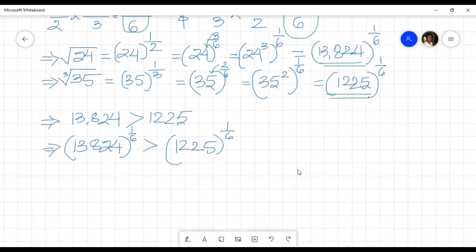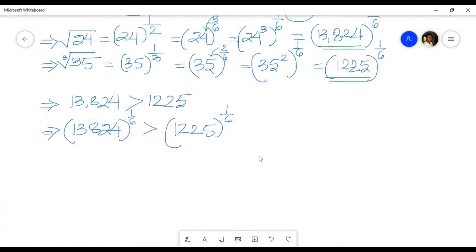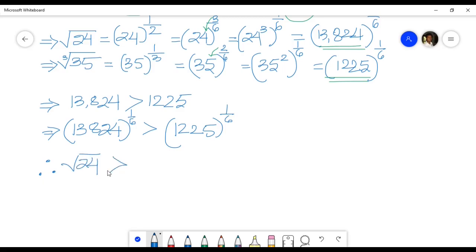So which are the terms these are related to? 13,824 is related with square root 24. Therefore, square root 24 is greater than 1,225, which is related with third root 35. So we have come into conclusion that square root 24 is greater than third root 35.